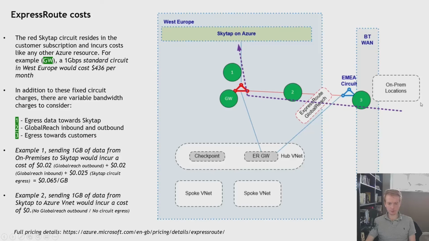So if you pull data from on-prem into Skytap, you come into Azure, which is free, you leave this blue circuit, and you trip the GlobalReach egress meter, which is $0.02 or 2 cents. You then come into the red circuit via GlobalReach, which trips the GlobalReach inbound meter, again 2 cents. And then you also trip the normal egress charge. So data from on-prem into Skytap in West Europe using this model is going to cost you 6.5 cents per gigabyte.